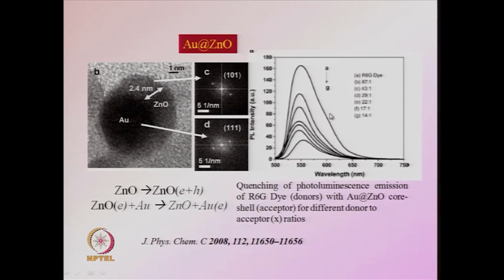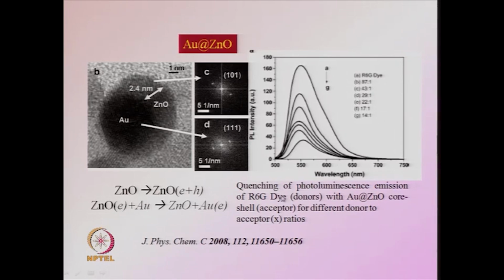So, in the absence of any core shell particles, the dye shows a PL intensity which is shown by this. Now, if you increase the content of these core shell particles, then they will trap electrons, because the zinc oxide has got holes, because the electron is now trapped in the gold nanoparticle.